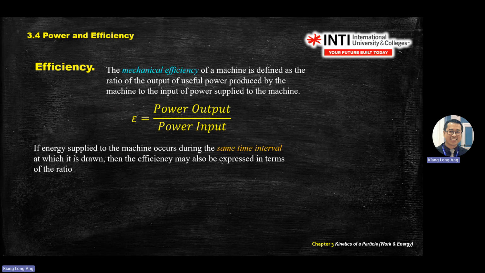What is the maximum value for efficiency? 1. So 1 is the ideal case, but on this earth, there is no 100% efficiency, because you deal with friction, drag, resistance and all this. So it can be energy, it can be power, as long as you take output divided by input.